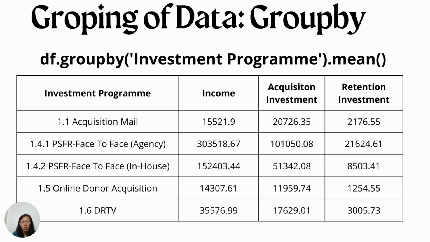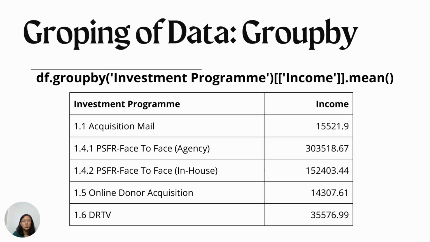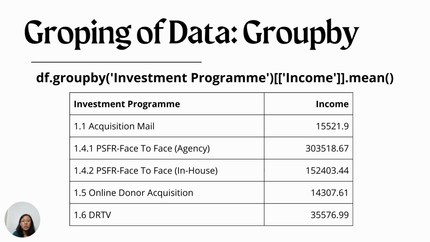Here I show only 3 columns because of the space, but actually if you just use a df group by, it will calculate for all numerical values, which include the year and return on investment. If you want to specifically define which column to extract, we can still use the df group by, then we just extract the particular column.